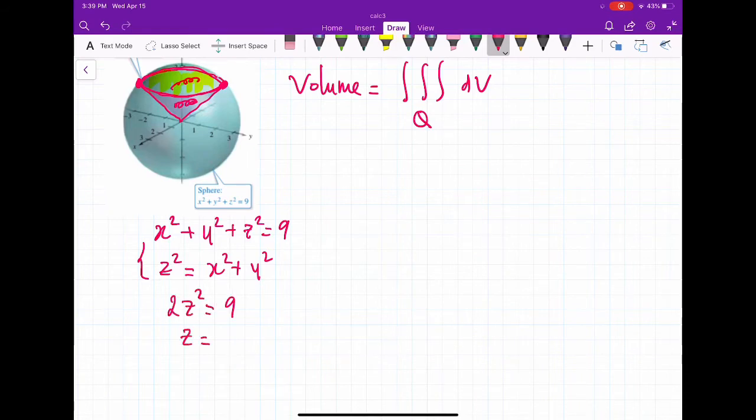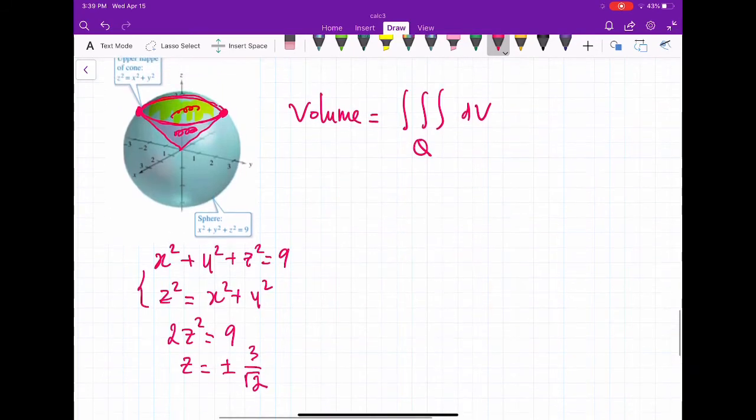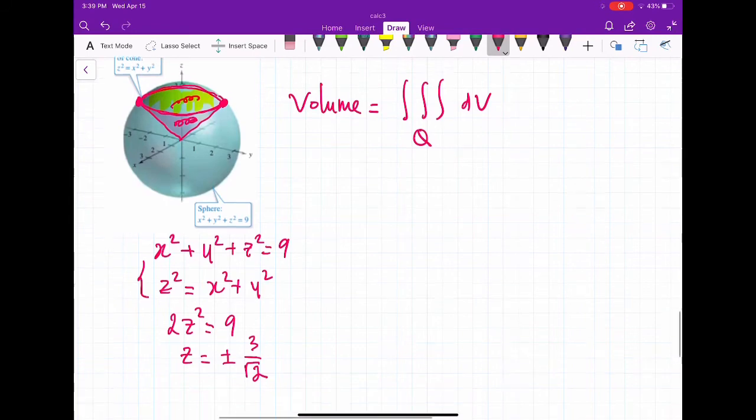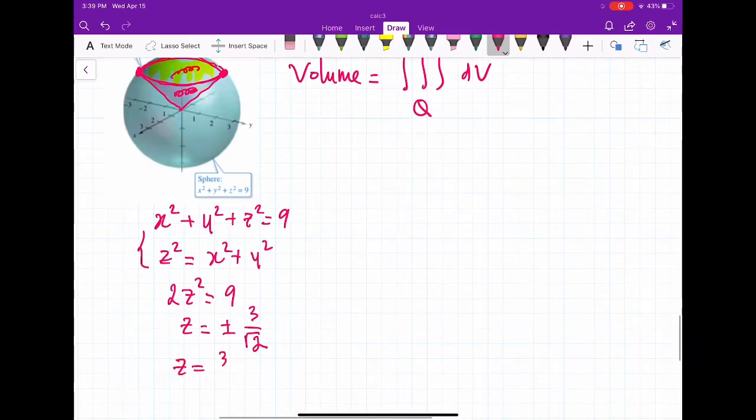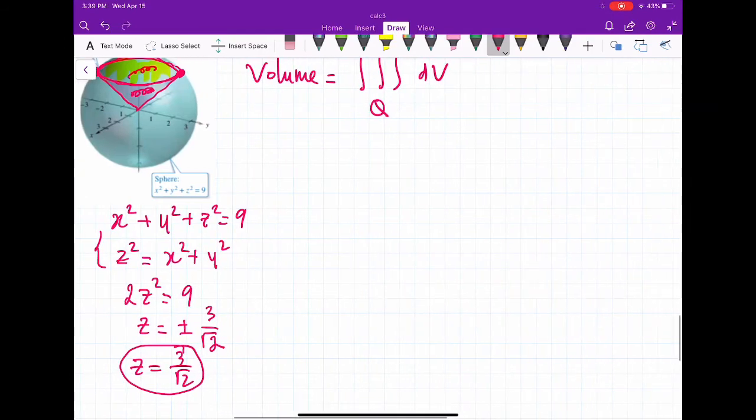And z equal to plus or minus 3 over square root of 2. Is it correct? But we consider the part above the xy plane, so I pick z equal to 3 over square root of 2, right? And then I plug this into this equation.